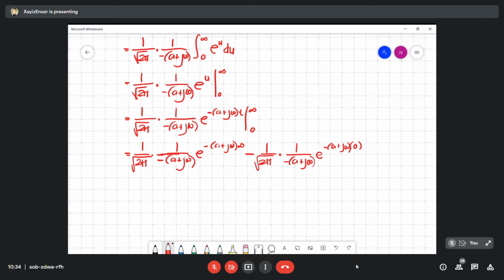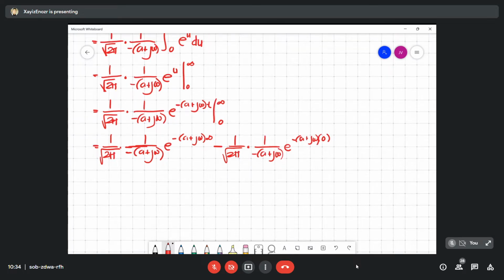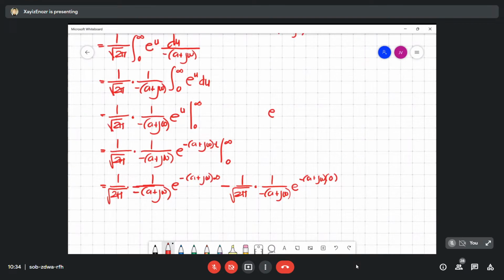How can you evaluate e raised to negative quantity (a plus j omega) multiplied by infinity? Let's say e to the negative (a plus j omega) times infinity. Like I said, (a plus j omega) is a constant. Infinity times a constant, so negative constant times infinity will be negative infinity.